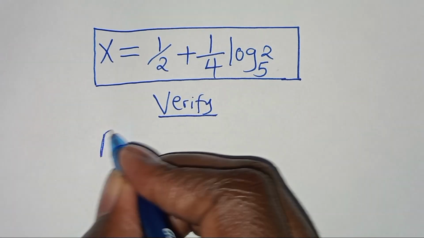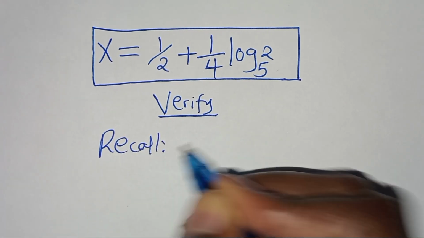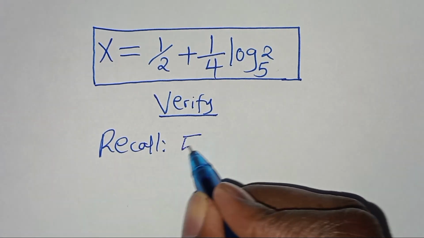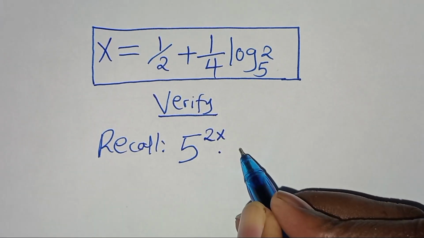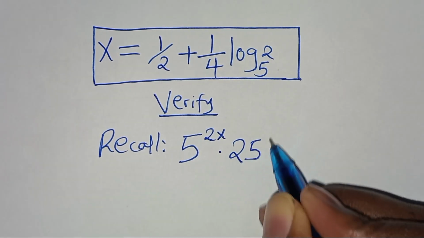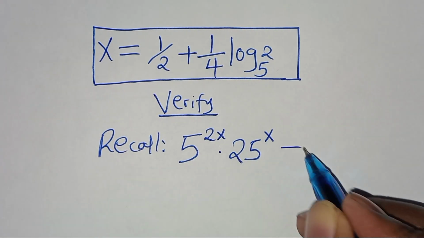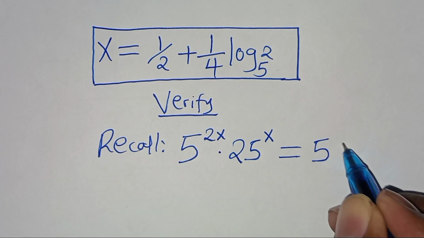Now, if you recall, we have that 5 to power 2x times 25 raised to power x should give us a value of 50.